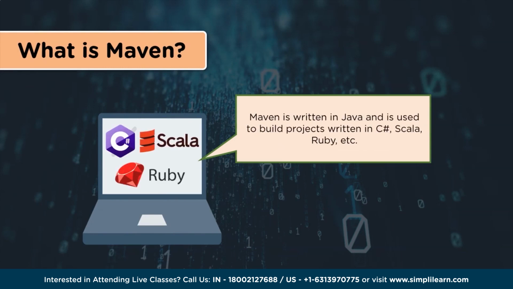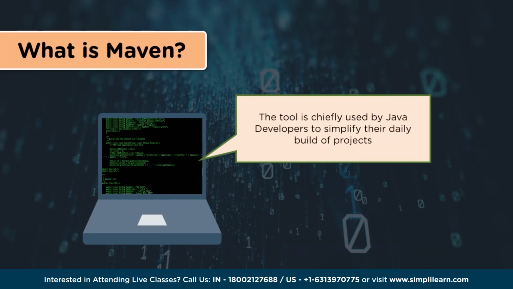The tool is written in Java and is used to build projects written in C#, Scala, and Ruby. Maven is based on the project object model and focuses on the simplification and standardization of the building process. In the process, it takes care of the builds, dependencies, reports, distributions, releases, and the mailing list.